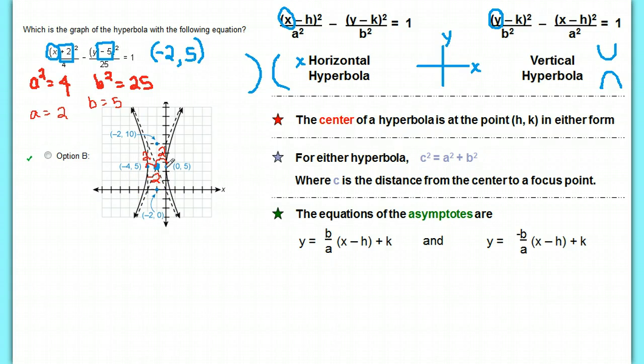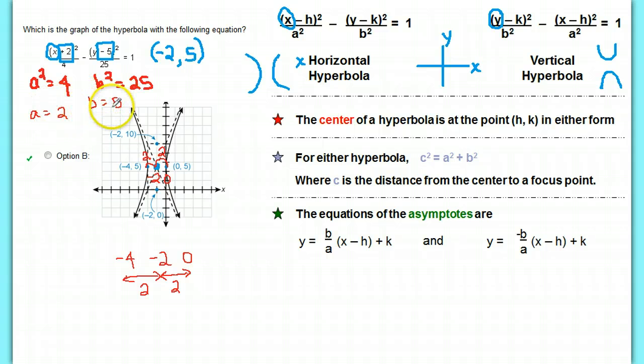And if you go to this vertex over here, the x value is 0. And that is a difference of 2. From negative 2 to 0, the difference there is a distance of 2. And then from the center point to the vertex over here, the x value is negative 4. And again, that is a distance of 2. So this graph matches up with that a value.